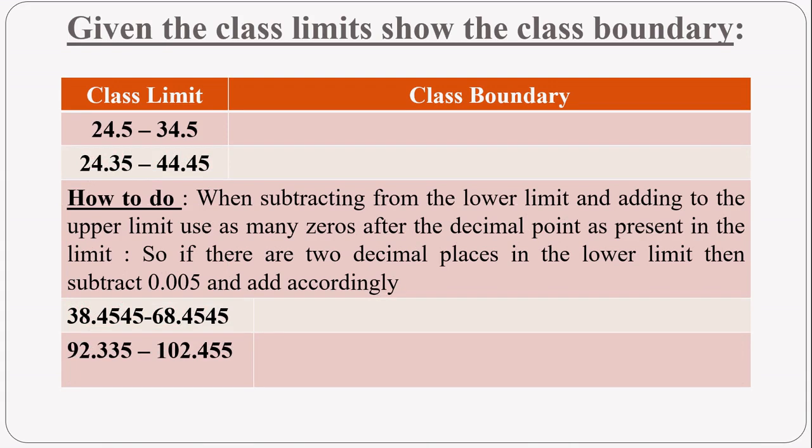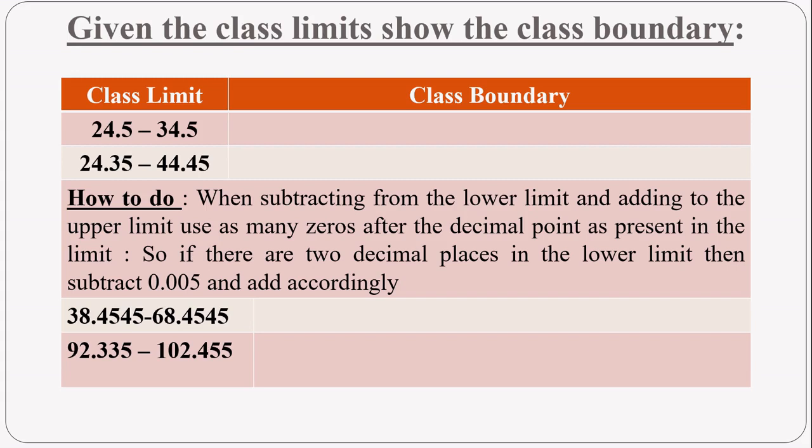If there is only one decimal place, we need to use 0.05. If there are two decimal places, we need to use 0.005. If there are three, we need to use 0.0005. And if it is four, we have to use 0.00005. So this is a simple rule.